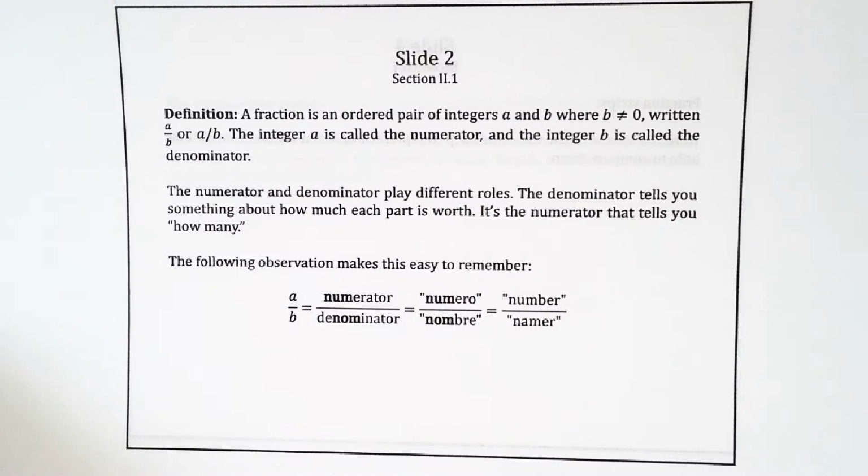The thing on the bottom is more like a name. It's more like a label. It tells you how much each part is worth. This word denominator is related to the word denomination, which you hear when you're talking about money. If you have dollar bills, $5 bills, $10 bills, $20 bills, those are all called different denominations of money.